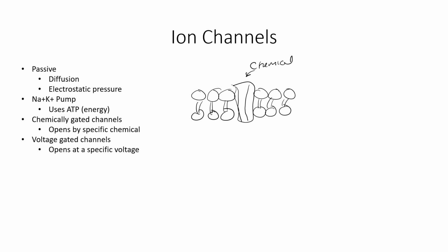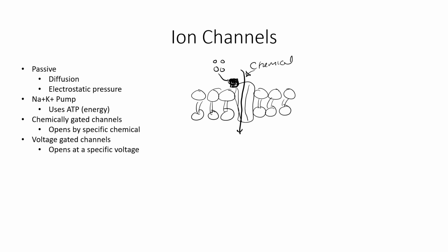So there would be some type of receptor, and say we have a neurotransmitter present that can bind to this. Once the neurotransmitter binds to the receptor, this channel will become open at that point. It requires the chemical to be present.